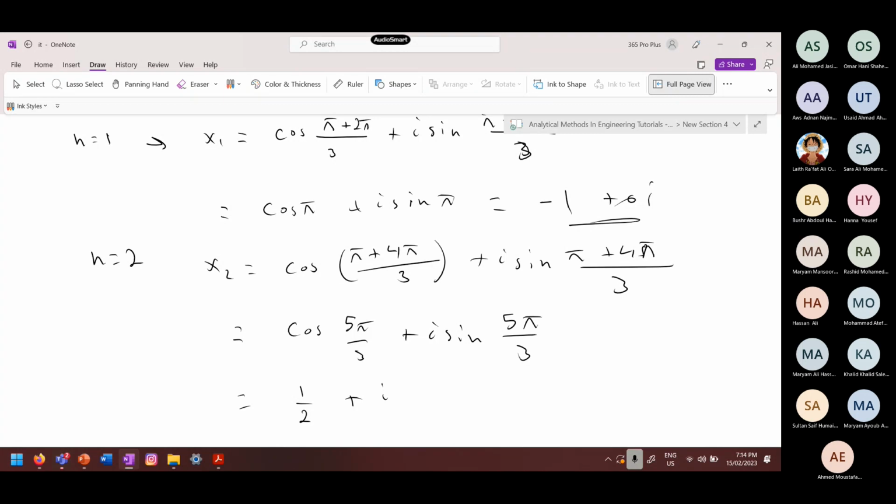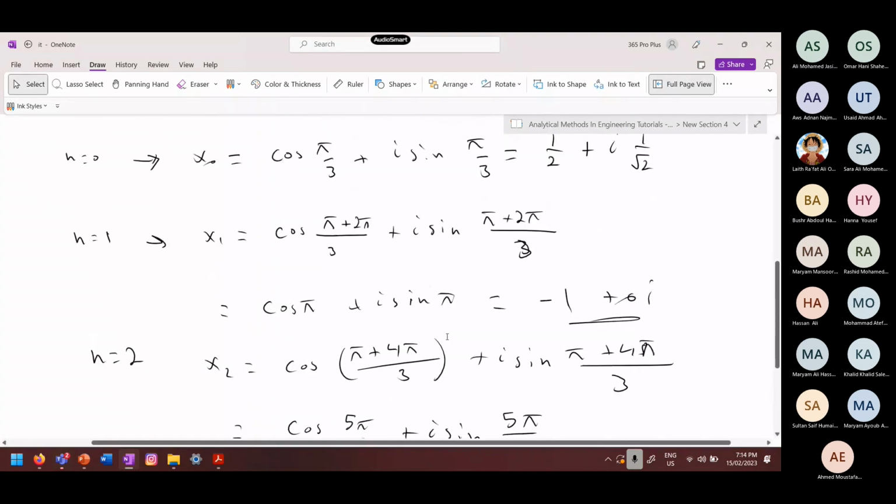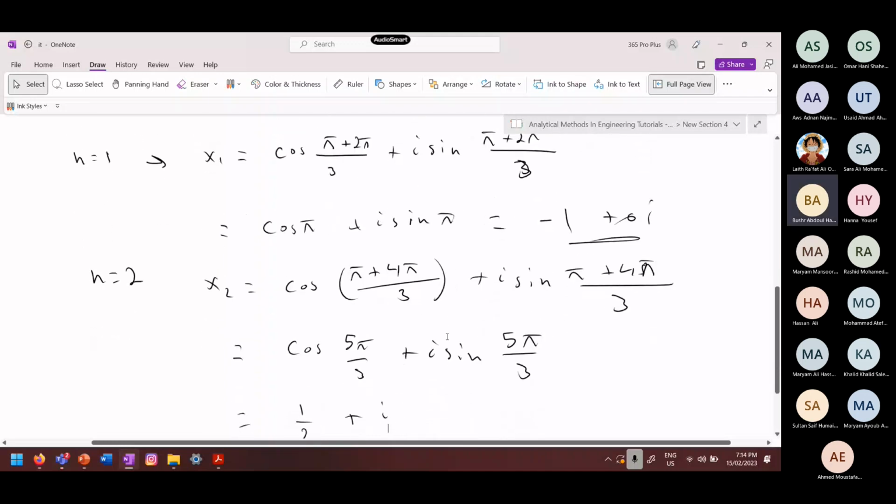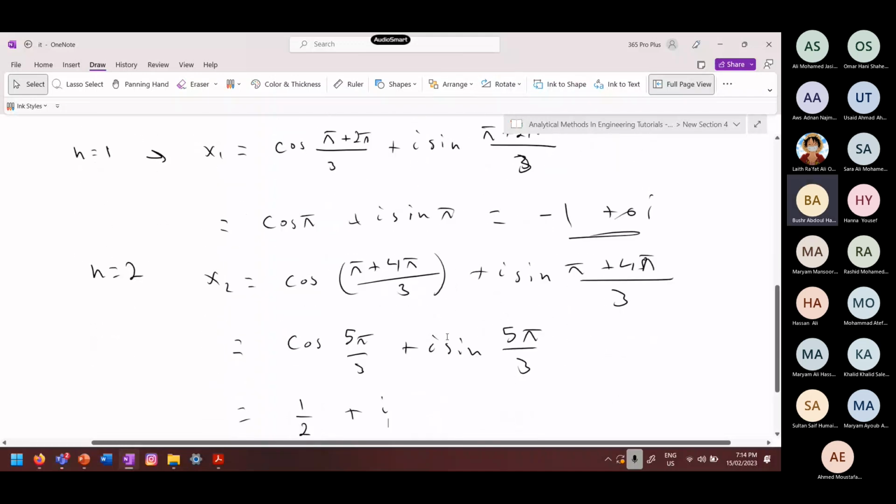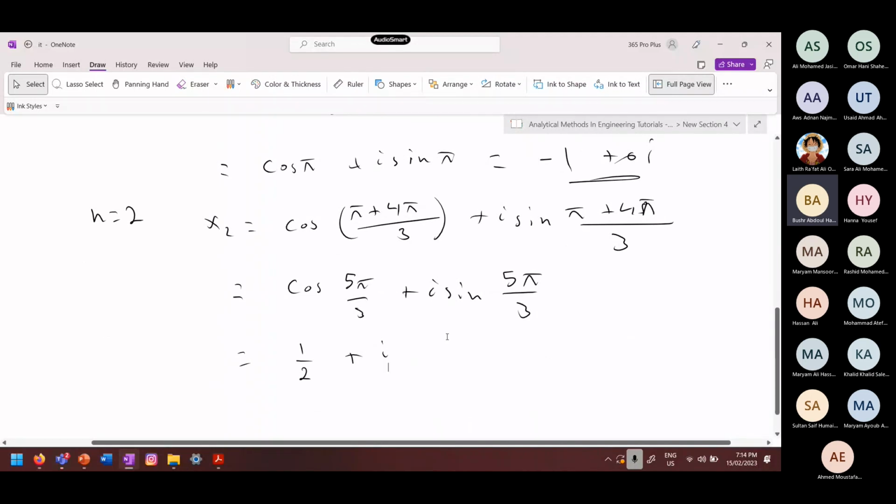What? Yeah, I think it's 0. Just a minute, please. No, I think that you're right. Negative 1 over square root of 2, I think. Just a minute. I'm just checking for the value. I cannot see it.